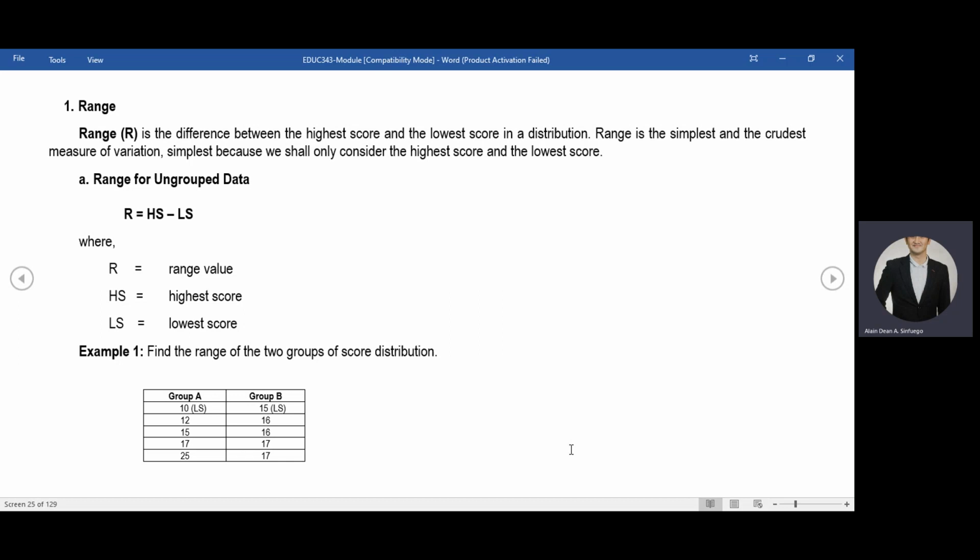Example, you have two groups of score distribution. Group A, you have 10, 12, 15, 17, and 25. For Group B, you have 15, 16, 16, 17, and 17. So your lowest scores for each group are 10 and 15 for Group A and Group B respectively.